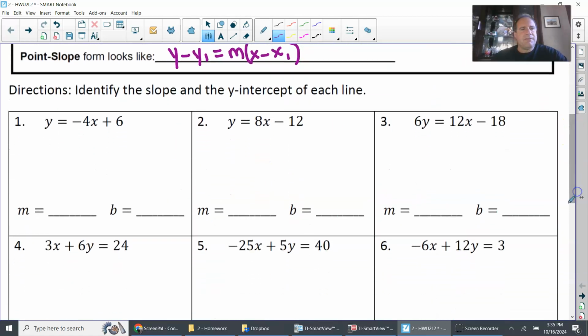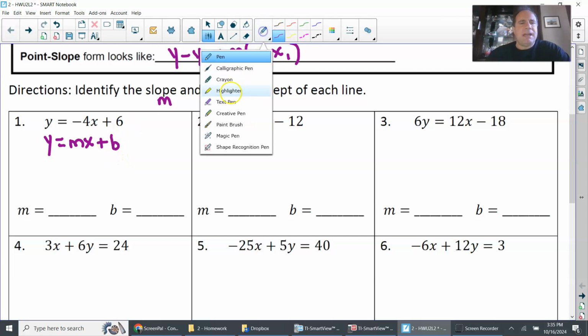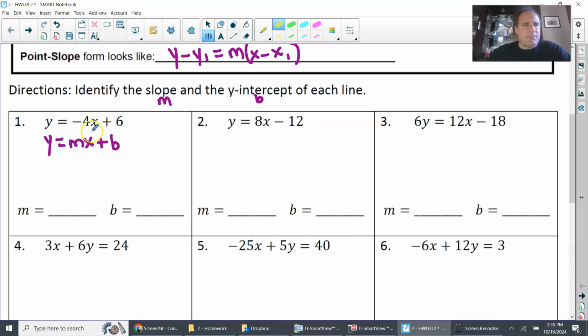So identify the slope, which is the m, and the y-intercept, which is the b. So this is supposed to be y equals mx plus b. This is the slope-intercept form, where m is the slope and b is the y-intercept. So the number that is before the x is always the slope.